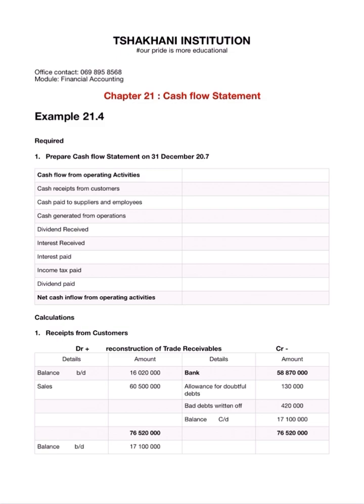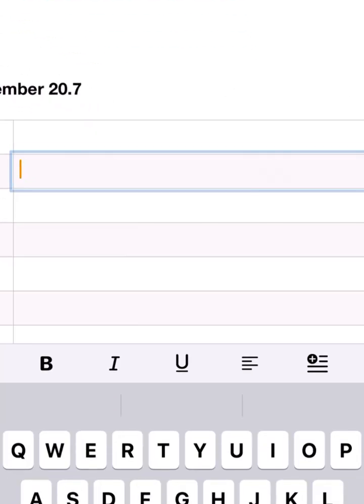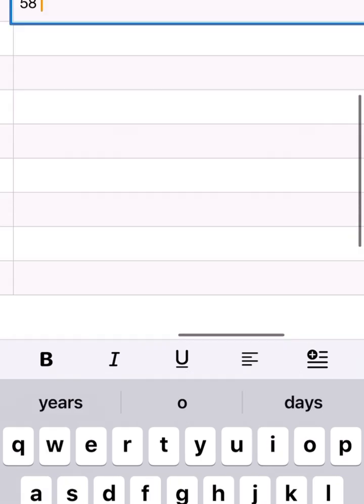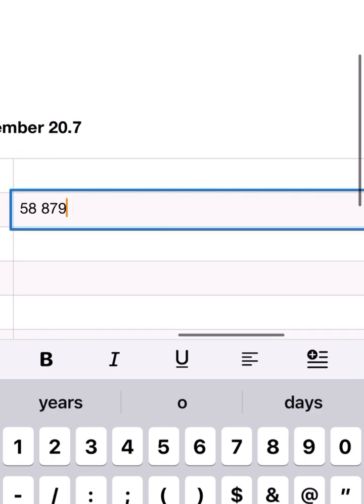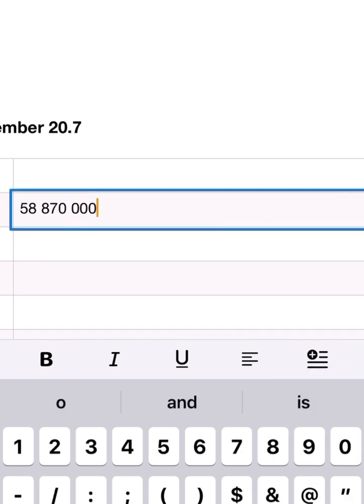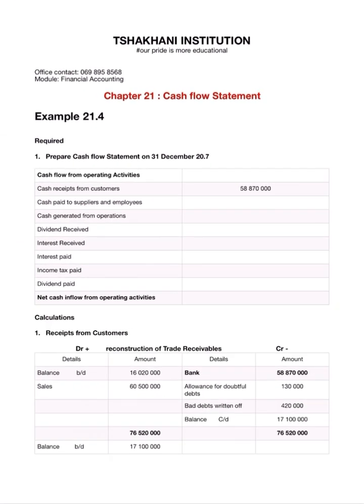When we subtract all those three amounts from that total, it gives us 58,870,000. And then we copy it to the first activity, recorded in millions. Once you record on that activity, you need to ask yourself whether it's an inflow or an outflow.